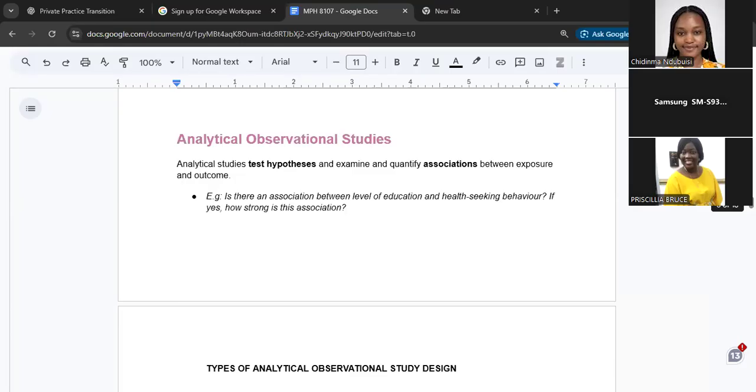It is in analytical observational studies that we now say, let us even know why this thing is happening. So for descriptive, we are generating hypotheses. For analytical, we are testing hypotheses. We're also trying to establish associations and to quantify.